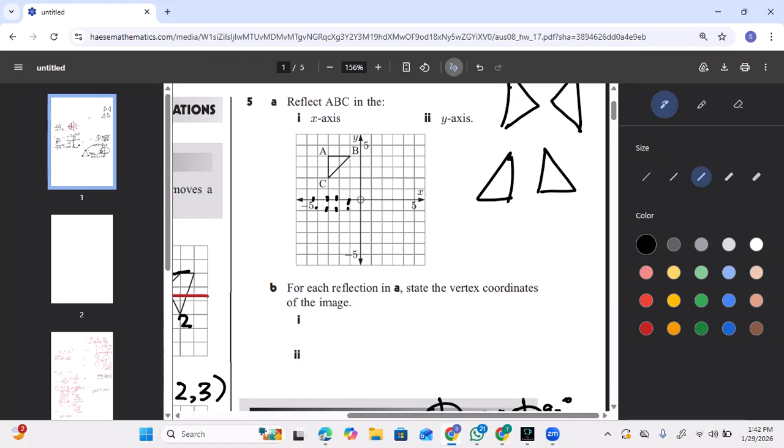This is the first quadrant, this is the second one, this is the third one, and this is the fourth one. So basically your triangle is now in the negative axis because it is in the second quadrant. Now we have to reflect that into the x-axis and into the y-axis as well.